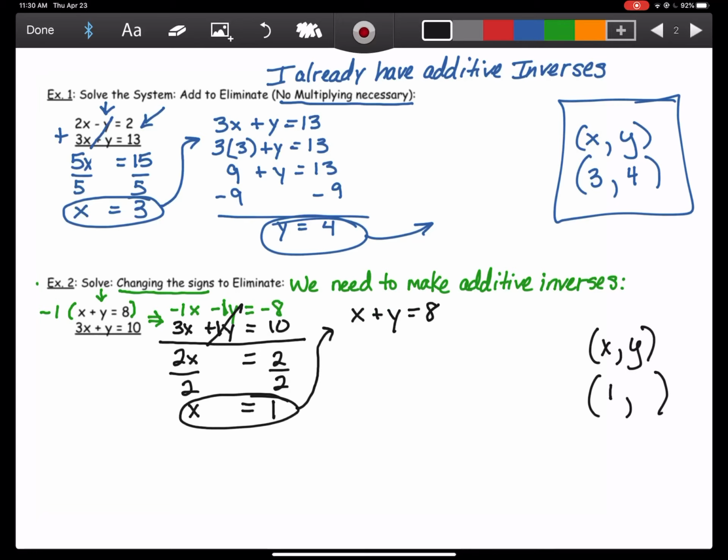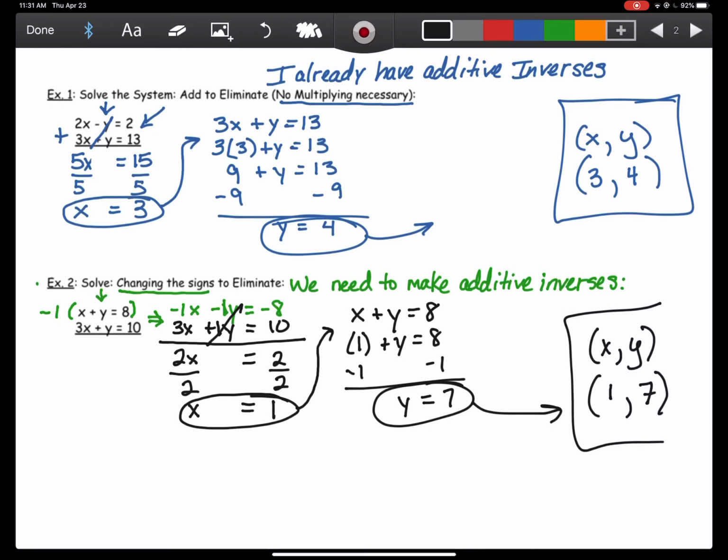Substitute. 1 plus y equals 8. Subtract the 1 from both sides. We get y equals 7. There's the other part of our answer. Put it in your ordered pair, box out your answer. Take a minute, pause the video, write down what you need to write down.